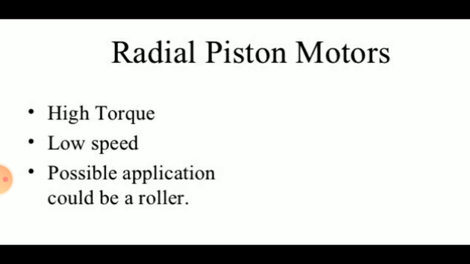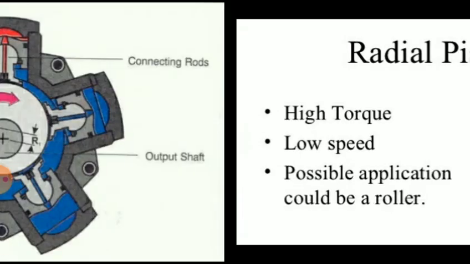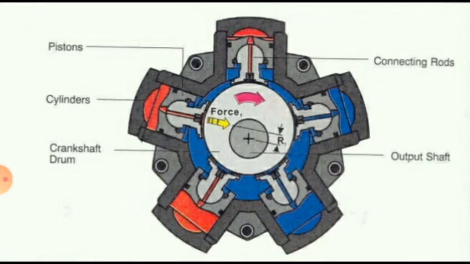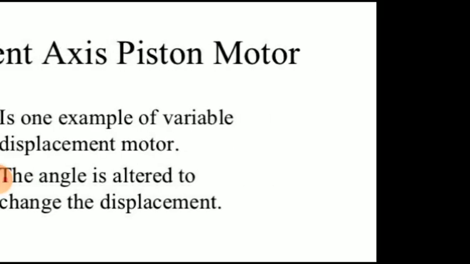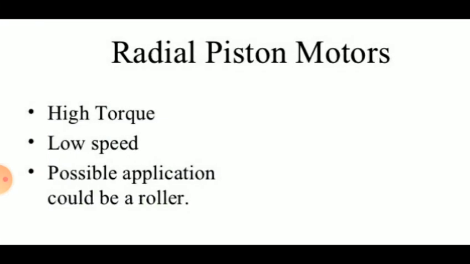As piston 2 rotates, it is forced inwards and in turn forces the fluid out of the cylinder. As the piston moves past the shortest distance between the cylinder block and the rotor, the fluid is forced into the cylinder. Piston 3 then becomes the pushing piston and in turn rotates the cylinder block. This action continues as long as fluid under pressure enters the cylinders.